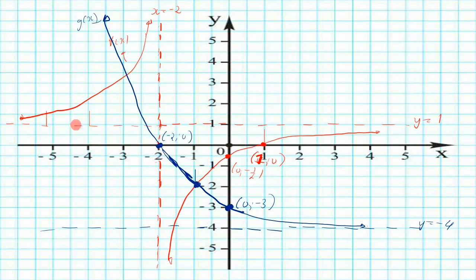Then now we can see that means we are looking for this dark blue graph, the points where this dark blue graph is above the red graph, right? So at this point, the red graph is above the blue graph, so this is not the point we are looking for. Remember, g of x must be greater or equal to f of x, so it must be the graph of g that is above.